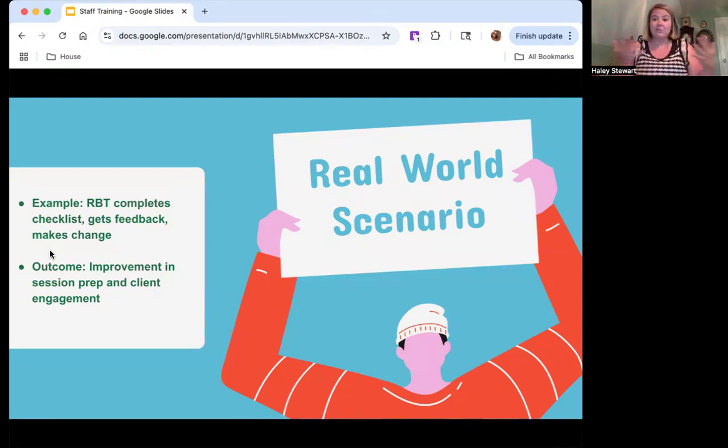An outcome that could come from this would be improvement in session prep and client engagement, meaning that if this individual saw on their checklist that they needed more help with getting things together before session or getting their client to engage, these things were then pointed out in their self-reflection, and then their supervisor should be there to provide them with exact examples, video, monitoring, or even checklist or visuals to use to help support them in that. And the supervisor should always be available to help in coaching and clarification of this expectation.